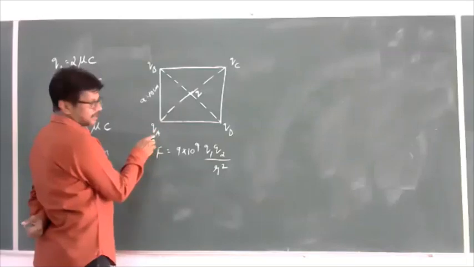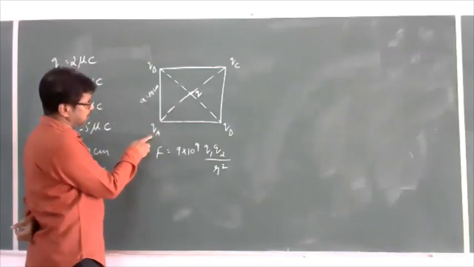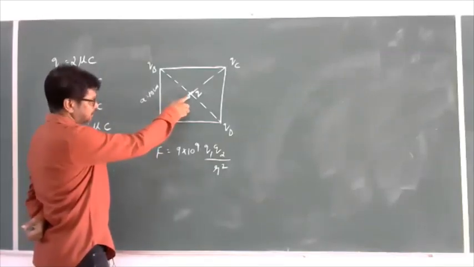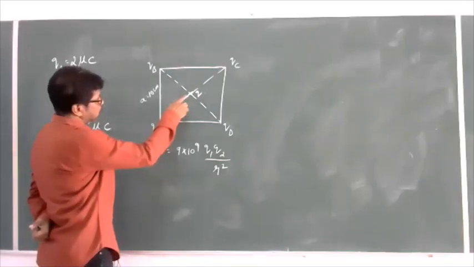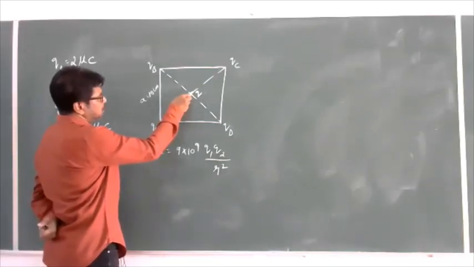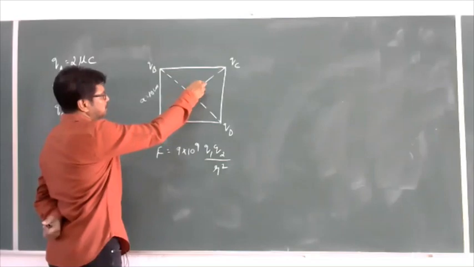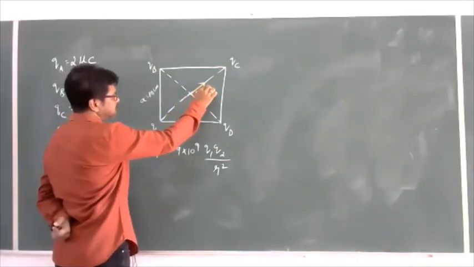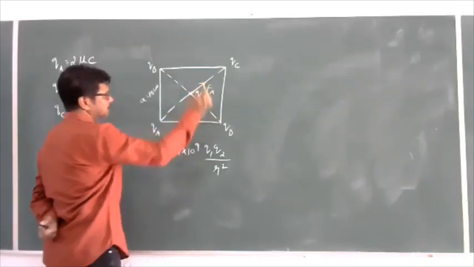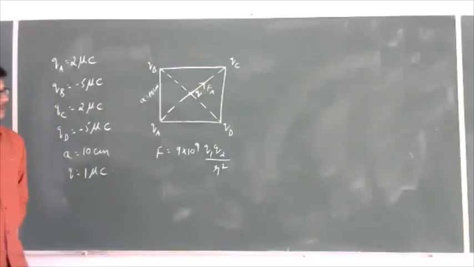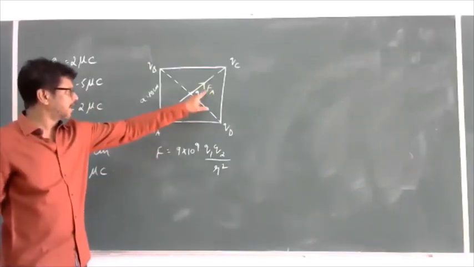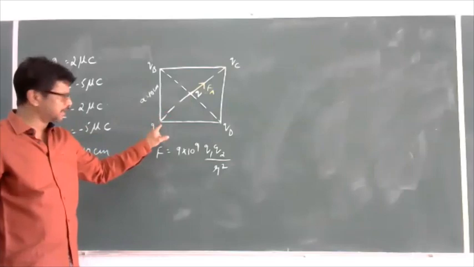Because of charge QA, one force will act. This is positive and this is positive, so a repulsive force will act. For your convenience I am calling it FA, the force acting on Q due to the charge QA.